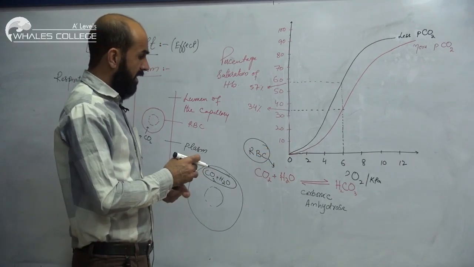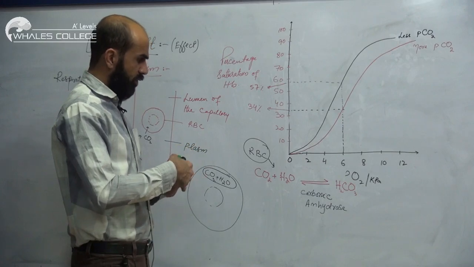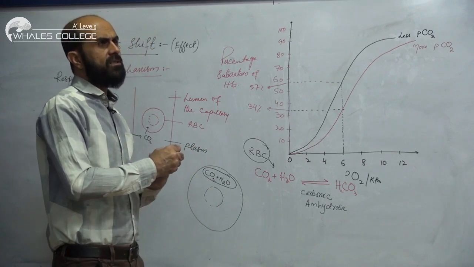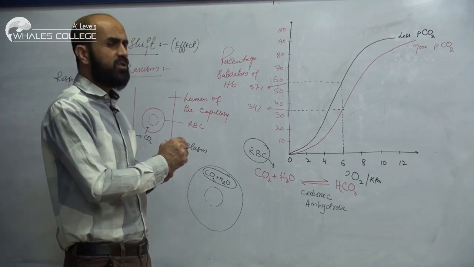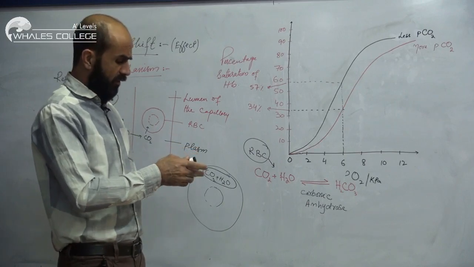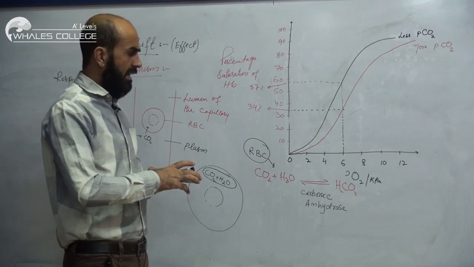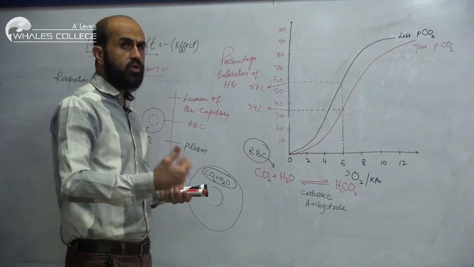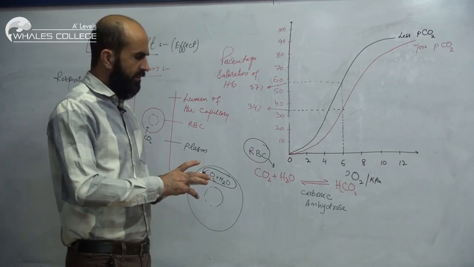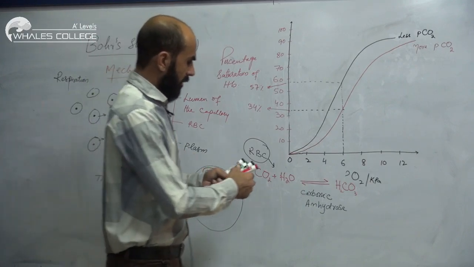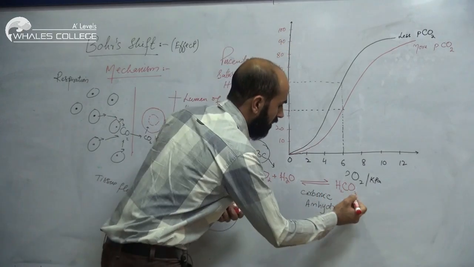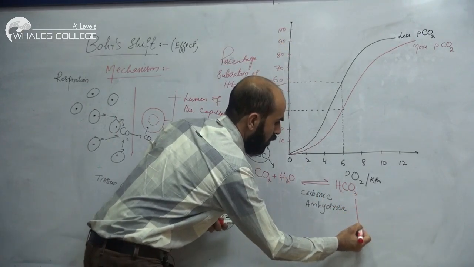Now what is the product here? It's H2CO3. But this compound is not so stable and does not remain for a longer period of time, and it immediately dissociates. This H2CO3 is broken down once again.